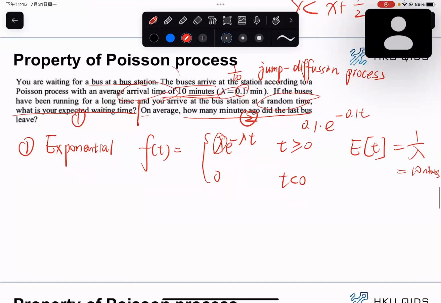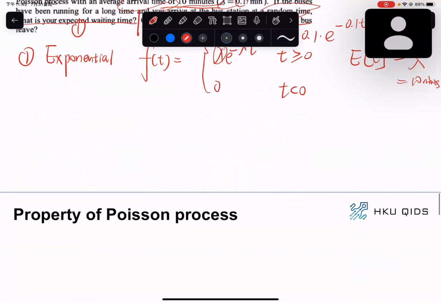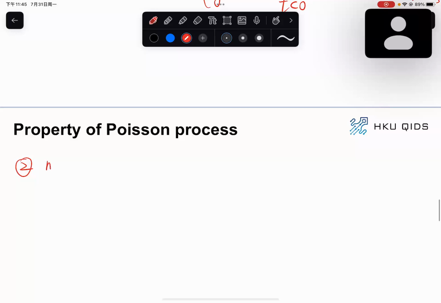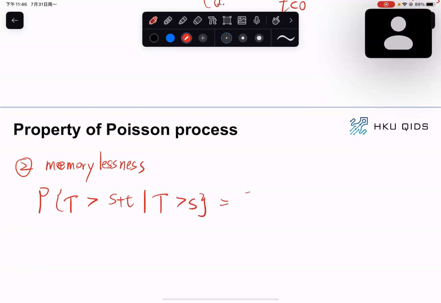And for the second part of the question, it is related with an important property called memorylessness. If we write it in statistical language, it means: the probability that tau is larger than s plus t, conditional on tau being larger than s, is the same as the probability that tau is larger than t. This means the s part can be forgotten.